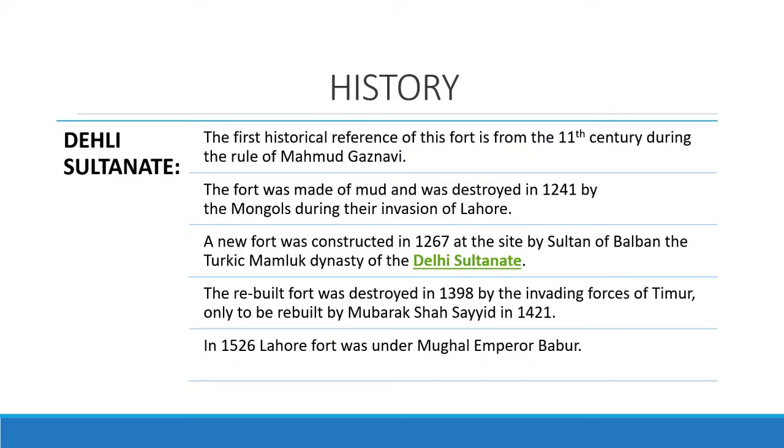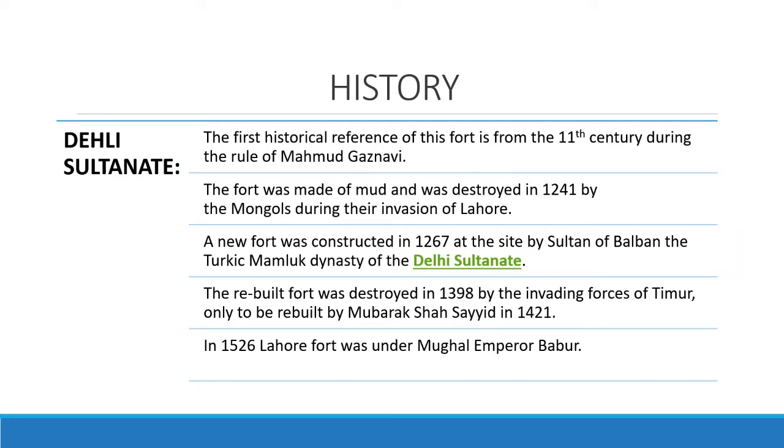History: Delhi Sultanate. The first historical reference to this fort is from the 11th century, during the rule of Mahmud Ghaznavi. The fort was made of mud and was destroyed in 1241 by the Mongols during their invasion of Lahore.